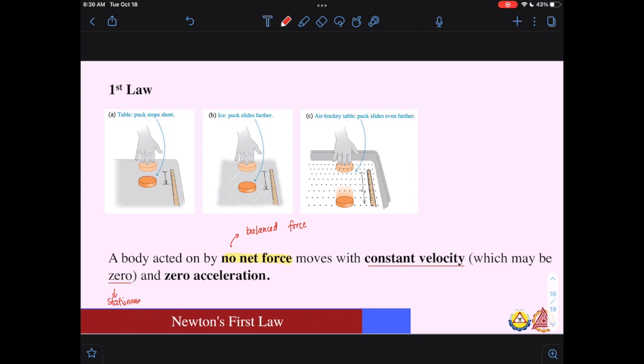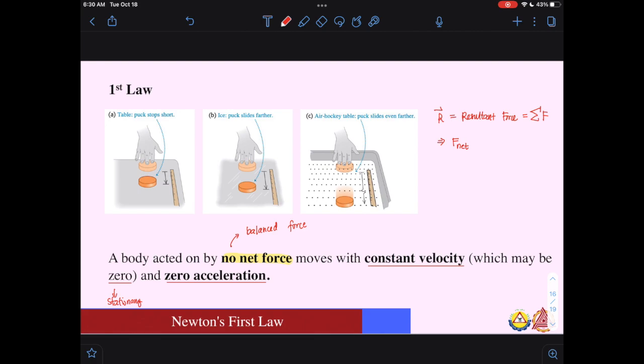And zero acceleration. That means to say, class, by the way, your resultant force, that is also represented in physics as the sum of F. So they mean the same thing. Or sometimes it is also written as F net. Okay?